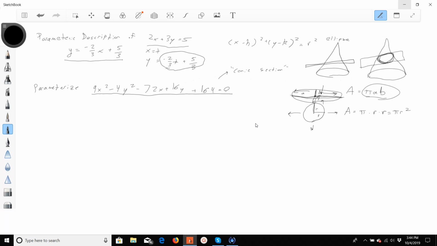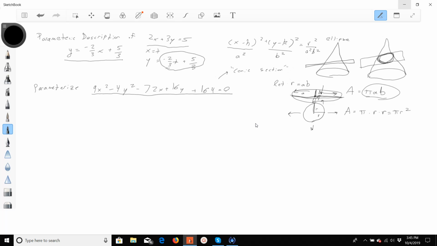Anyway, why did I do all that? With an ellipse, basically you're going to let R be equal to AB. And you're going to divide. This is going to be over A squared, this is going to be over B squared, and technically this is going to be over A squared B squared.